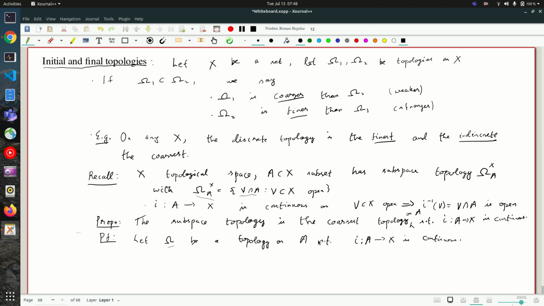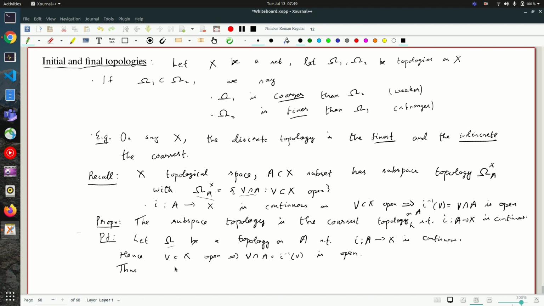Well, we just saw earlier that V contained in X open implies that i inverse of V, which is V intersection A, is open.